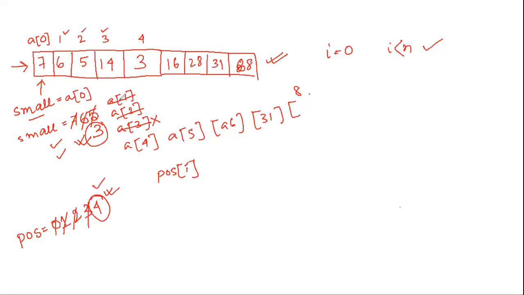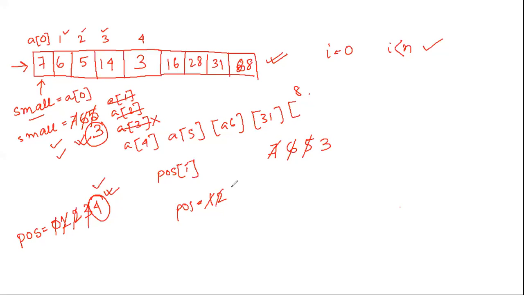So suppose I started from 7, then I changed 7 to 6 because 6 was smaller, and the position of 6 was 1, so my pos value was 1. Then I changed my 6 to 5 because 5 was smaller. My position index value is 2, so I changed from 1 to 2. Then I changed it with 3. Index value 4 has 3.